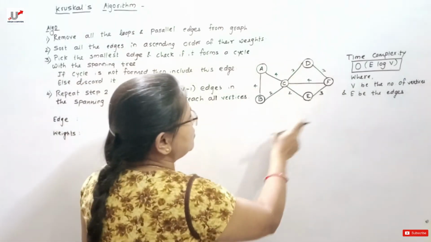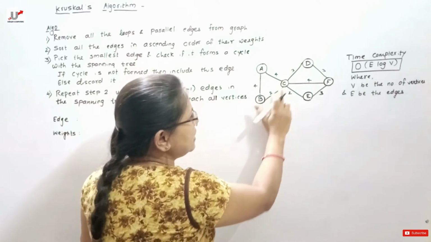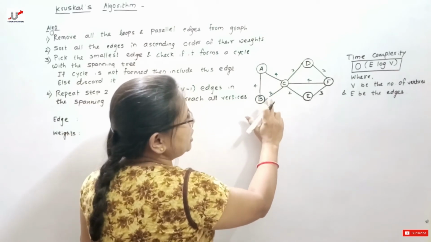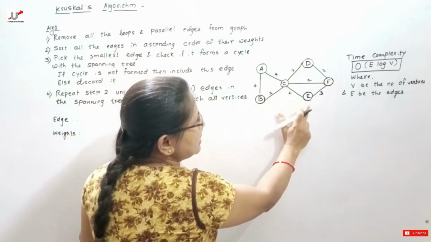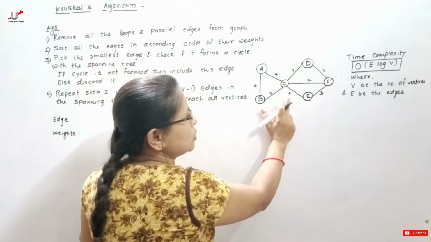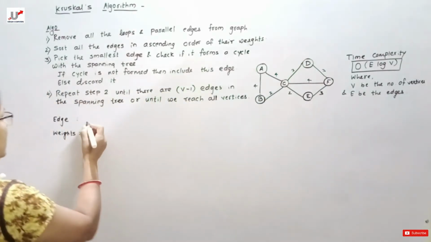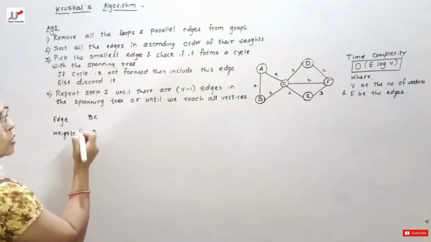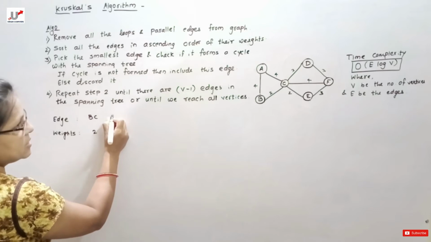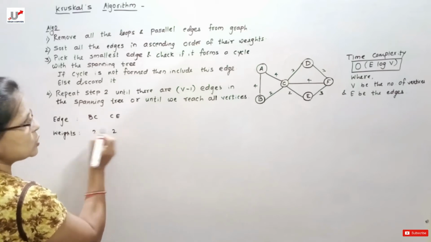So which edge has the minimum weight? Here BC has a minimum weight of 2 and CE has a minimum weight of 2. So we specify them in any order. Edge BC having weight 2, another edge CE again having weight 2.